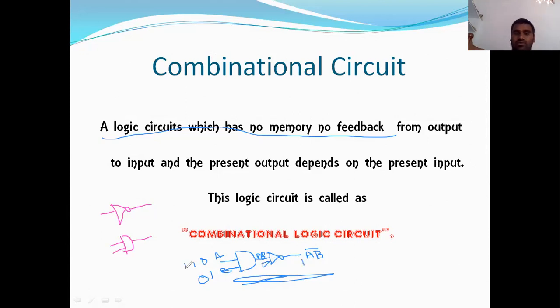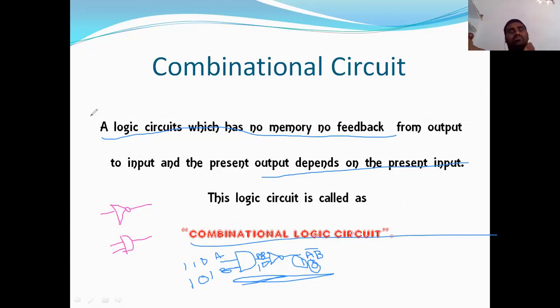For example, if the input is 1, 1, for the AND gate we get 1, and for the NAND gate we get 0. So depending upon the inputs, we get outputs. Here the output depends upon the present input, so this logic circuit is called a combinational logic circuit.